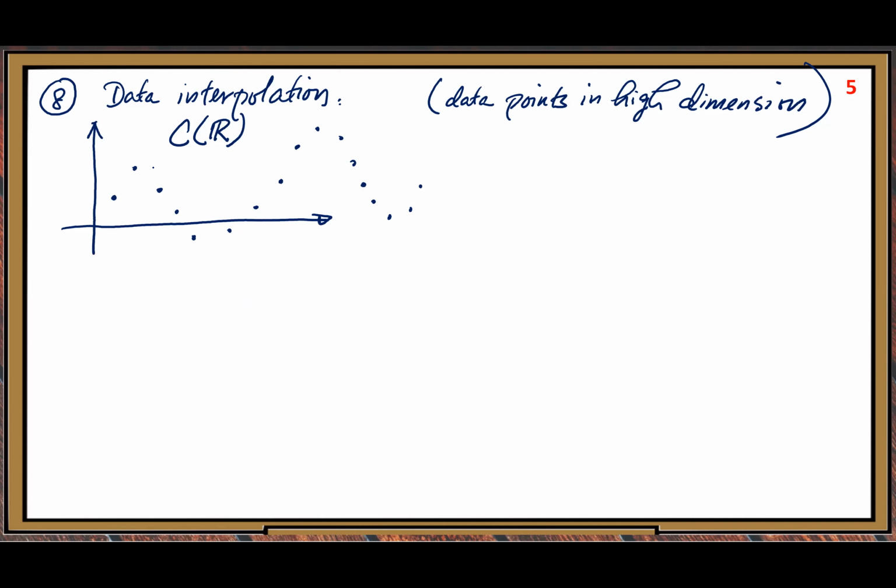So the function interpolation passes through all the data points. Let's say that this function is f of t, and a typical data point is xj, yj.